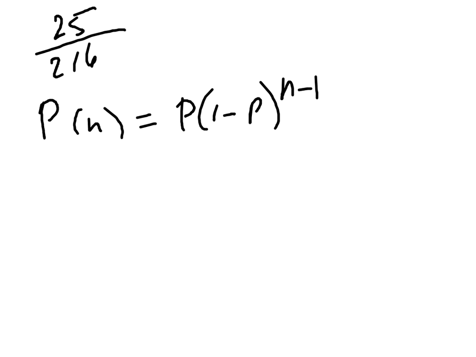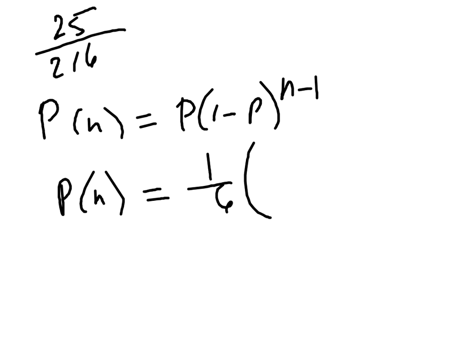Okay, so let's go back and look at the question we just had. The probability of the 2 occurring on what roll? The third roll, we just did this, would be equal to the probability of a 2 coming up, which is 1/6.